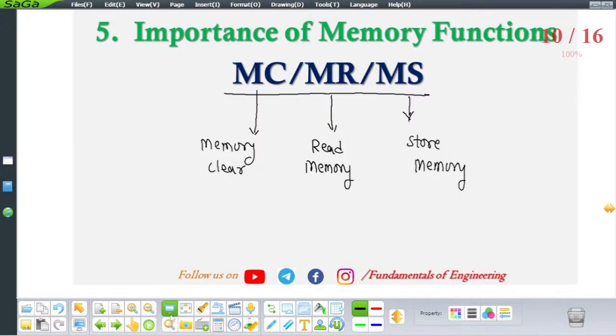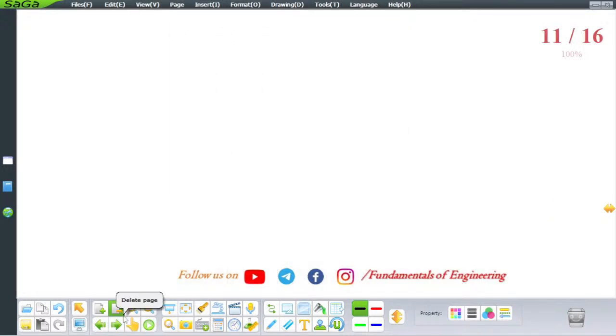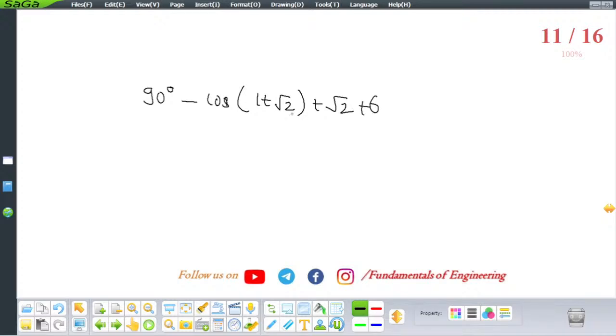So how we are going to use these functions MC, MR and MS? For that we will take one example. We will take randomly one example, that is 90 degree minus cos of 1 plus root 2 plus 6.